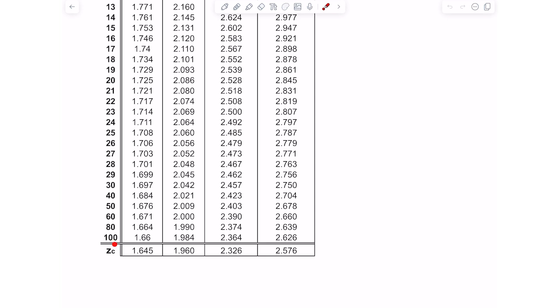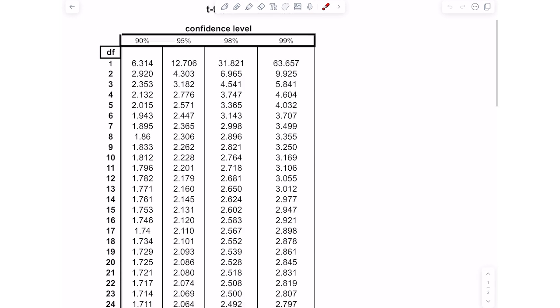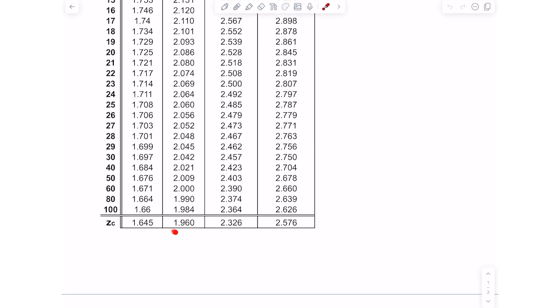So your critical value here, since I'm looking at 95%, you would go to 1.960. Now, normally what you do, however, is you would go backwards. So let's say my degrees of freedom was 47. There's no 47 here, okay? You would go back to 40. So if I'm looking at 95%, I know that my critical value would be 2.021.